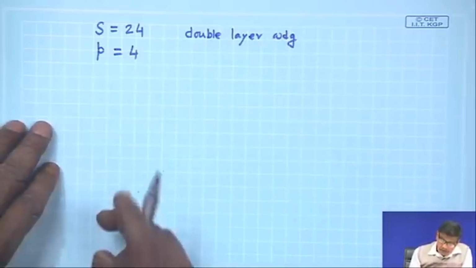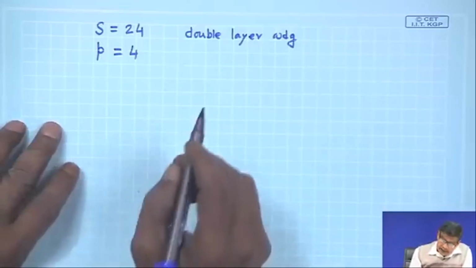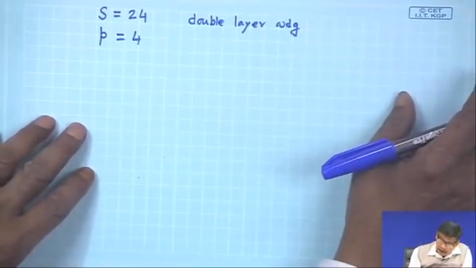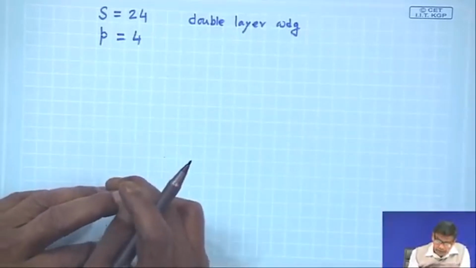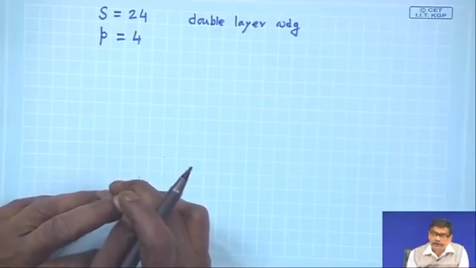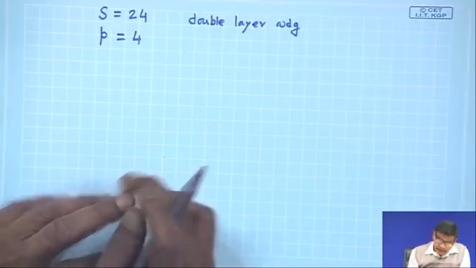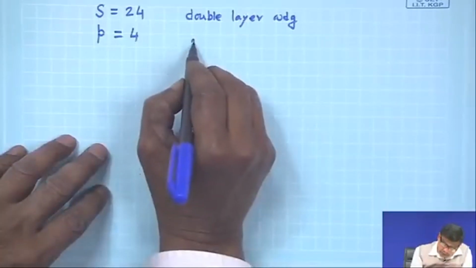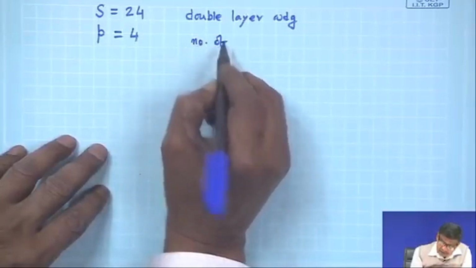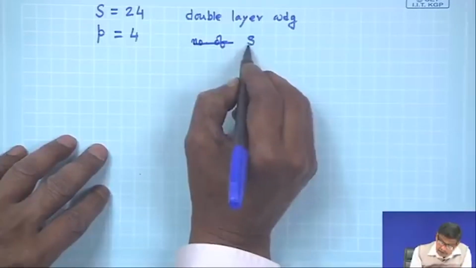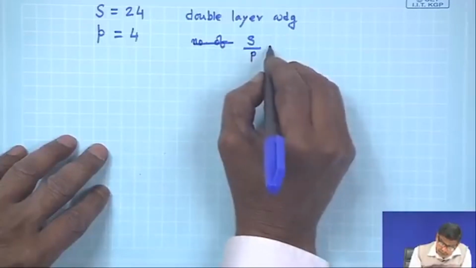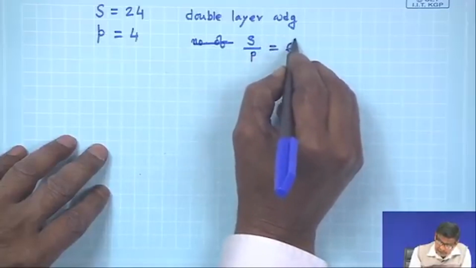P is equal to 4, double layer, and I will allot under each pole an equal number of slots to each of the phases. Therefore, the number of slots per pole, S by P, is equal to 6.